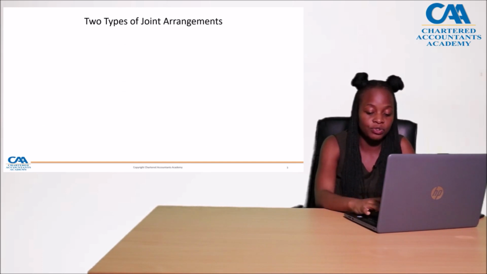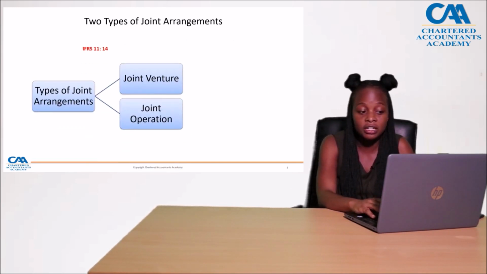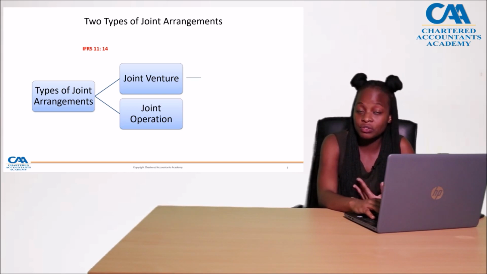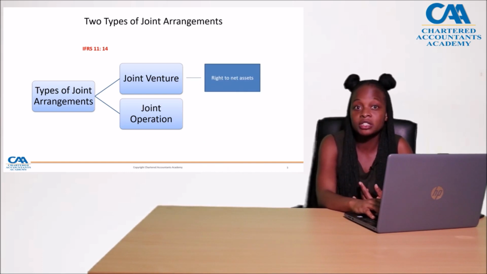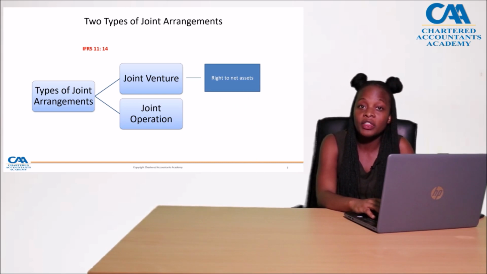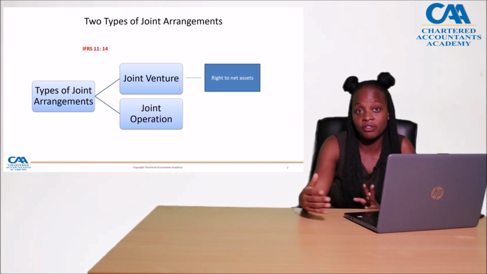There are two types of joint arrangements according to IFRS 11 paragraph 14: a joint venture or a joint operation. With a joint venture, the parties have rights to net assets. So they have a right to the net assets of the entity.